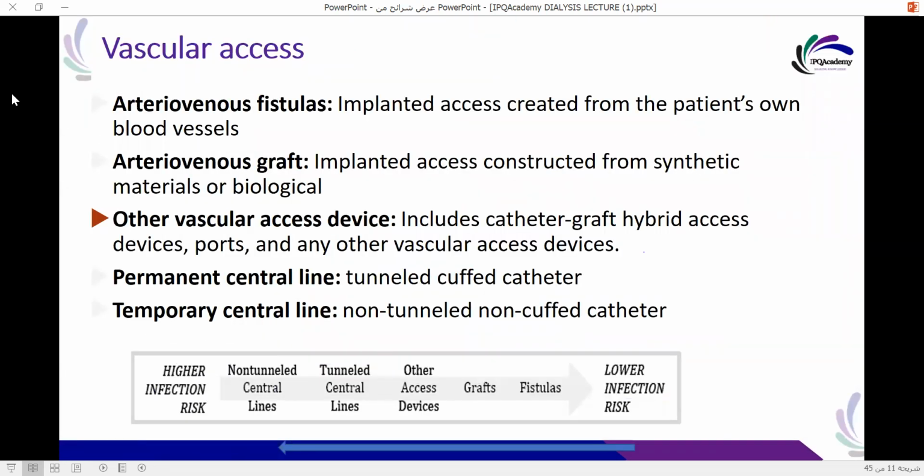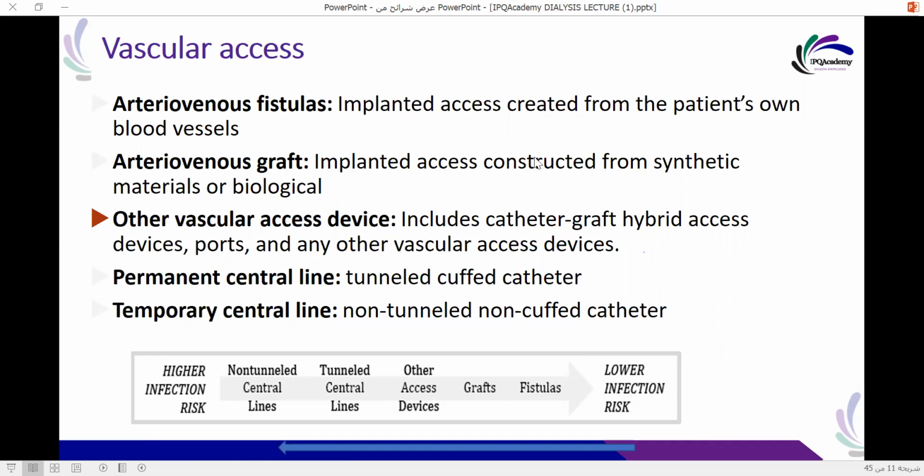Let's talk about the vascular access. We have many different vascular accesses. First of all, the arteriovenous fistula, which is an implanted access created from the patient's own blood vessels. Here there is an anastomosis, a connection or bridge between the artery and the vein. The wall of the artery is sutured with the wall of the vein, creating a fistula.